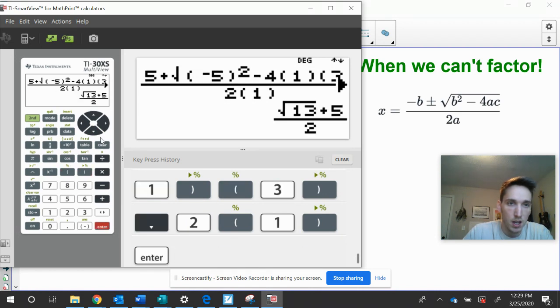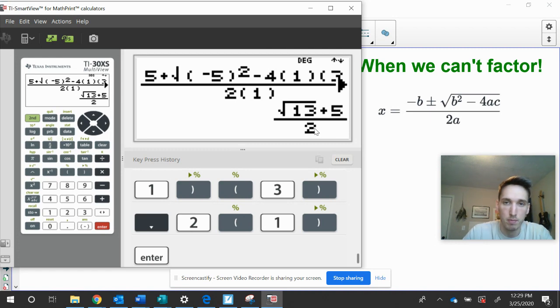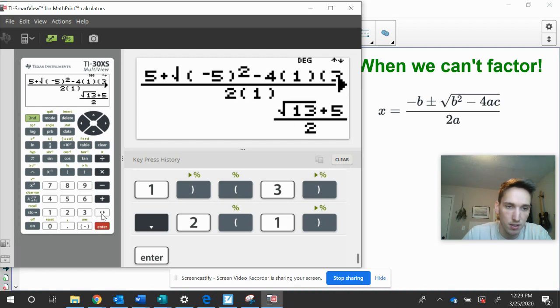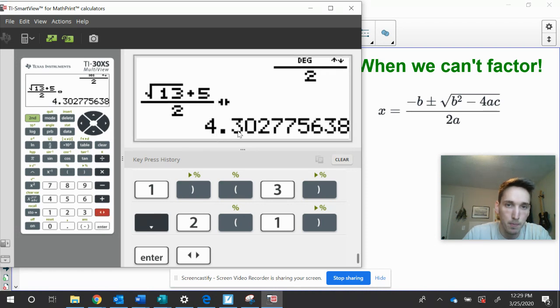Press enter. Look what we got. The square root of 13 plus 5 over 2. That's a messy number, right? Obviously, that makes sense because we couldn't factor what we were dealing with, so we knew we were going to get kind of a weird number, right? The way I want you guys to handle this, let's just write it as a decimal. So if you remember, the way to change it to a decimal is to hit the button right above enter, that toggle button right there, the one with the 2 arrows. 4.3.